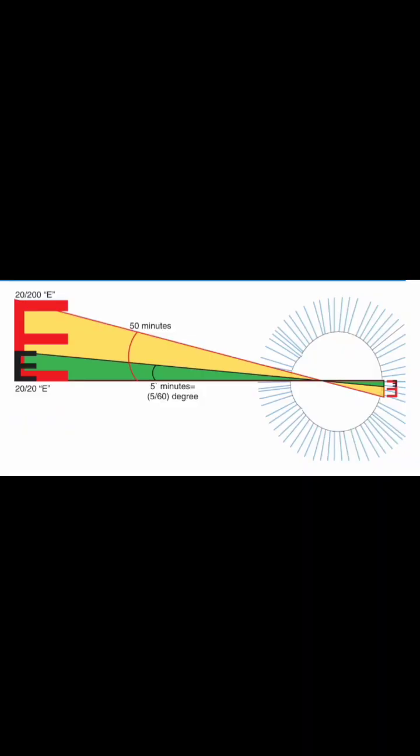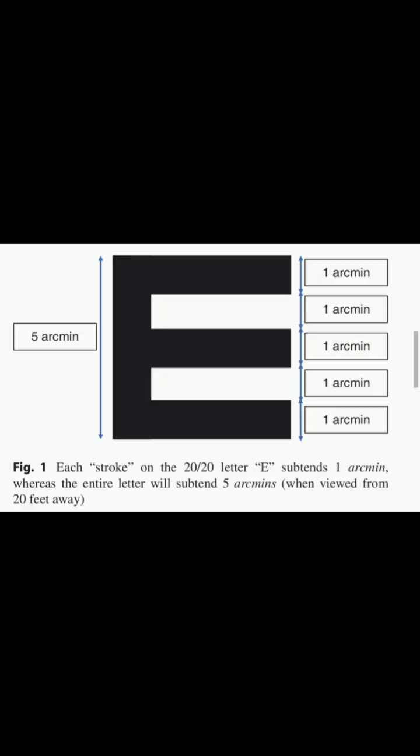In that, the letter E subtends an angle of 5 minutes at a certain distance, 20 feet. So it is subtending an angle of 5 minutes.